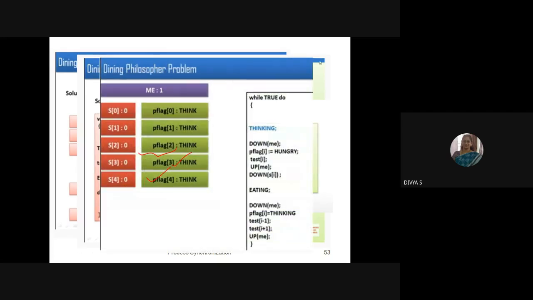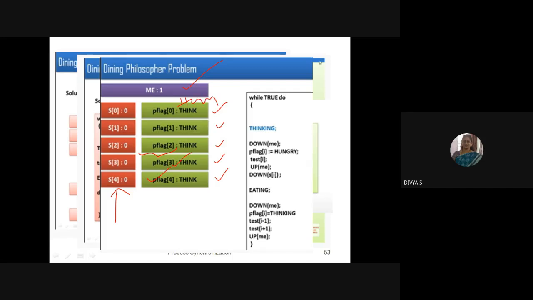Now if we correlate the same segment of code with the three parameters in terms of counting semaphores, the representation goes like this, which satisfies mutual exclusion, having mutex locking mechanisms. All these are counting semaphores and a boolean flag variable for each philosopher. Whenever they are hungry, firstly the hungry will appear here.